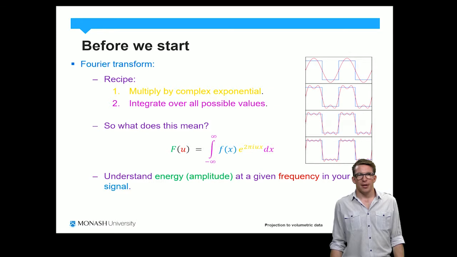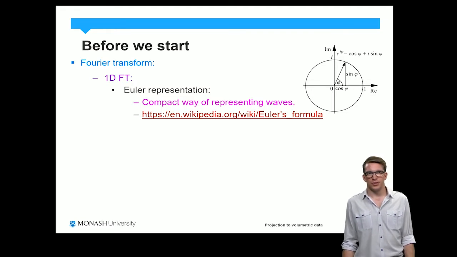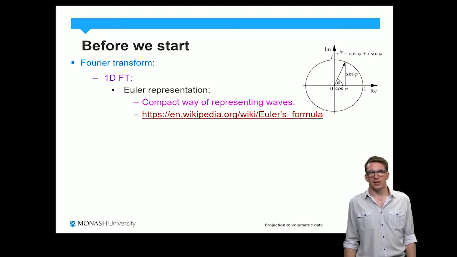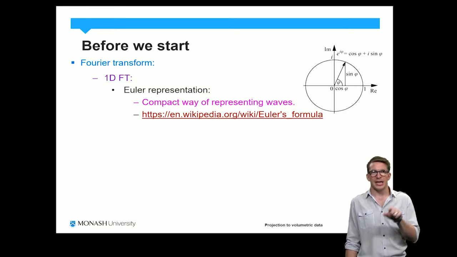And we saw that there's a basic recipe in the Fourier transform. If we want to know the energies of the frequencies in our signal, we can take our input signal, f of x, multiply by a complex exponential, and integrate. We also saw that this was discussed in terms of the Euler representation. The Euler representation is one of the most useful formulas in mathematics and simple physics, and it allows us to take something that's discussed in terms of sines and cosines, so things that oscillate, and describe them as a complex exponential, an e to the i something.